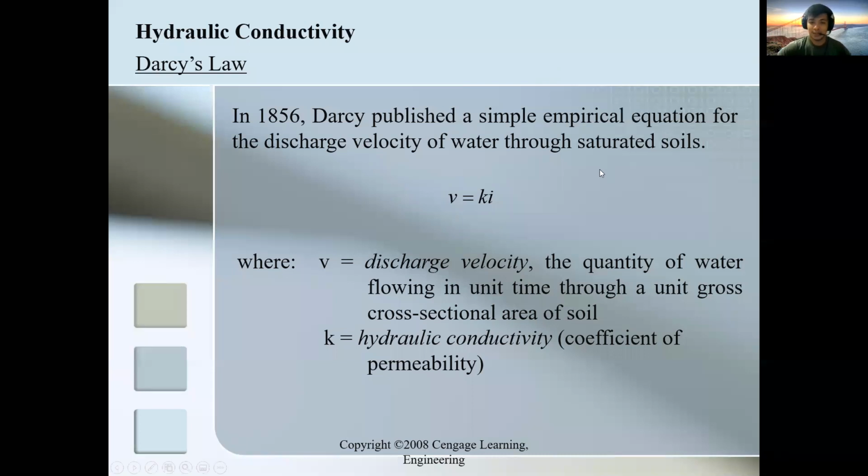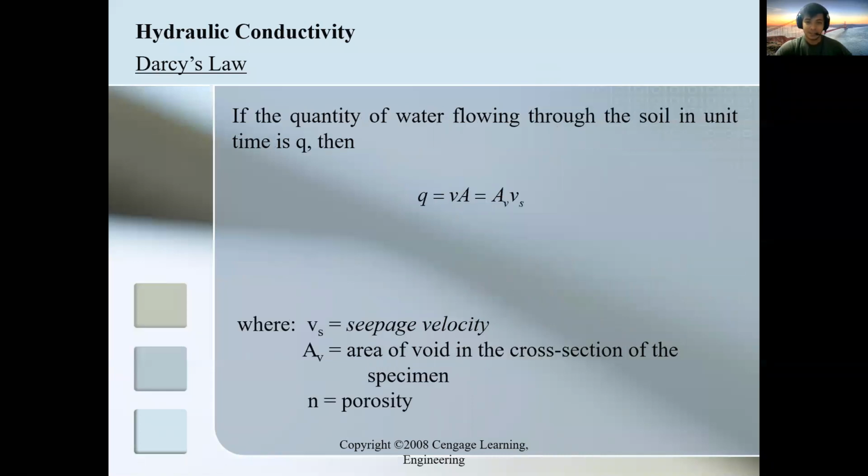Okay, so let's go to the next. Earlier I showed you the three figures with the areas of void space. Now, the discharge can also be solved using this formula: discharge velocity, which we all know comes from the previous slide, from Darcy's law, di ba?